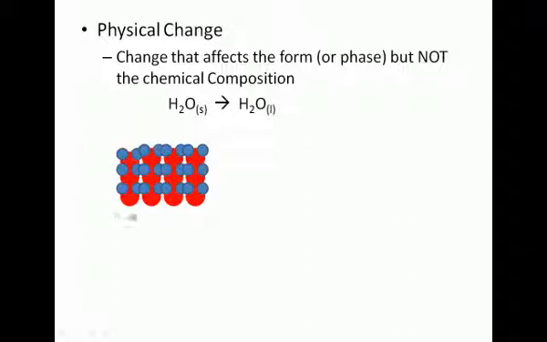So here's our piece of ice. Ice is a solid. And what we can see is that all of these H2O particles are all tightly packed together in a solid structure. Now what happens if heat is added? It's going to change into a liquid.